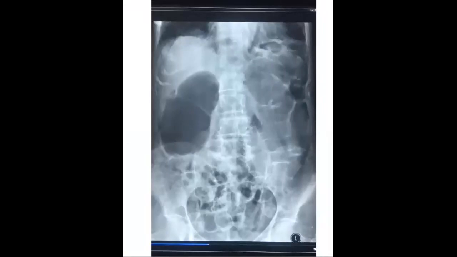This one has true Rigler sign, both sides of the bowel with free air, and Cupola sign. So you are talking about pneumoperitoneum.